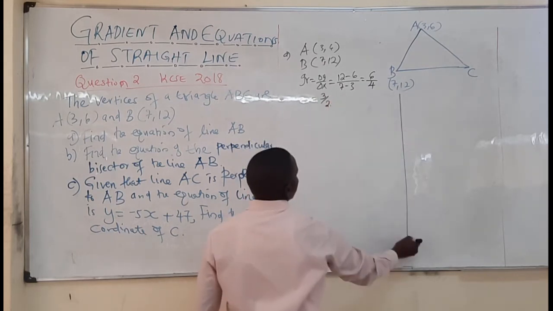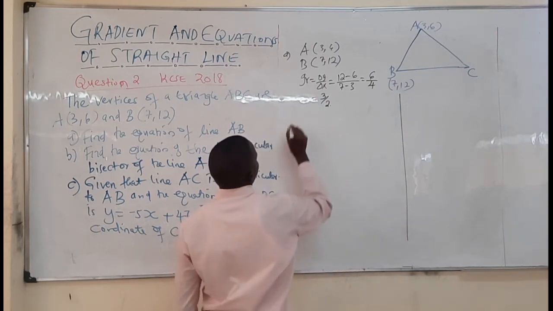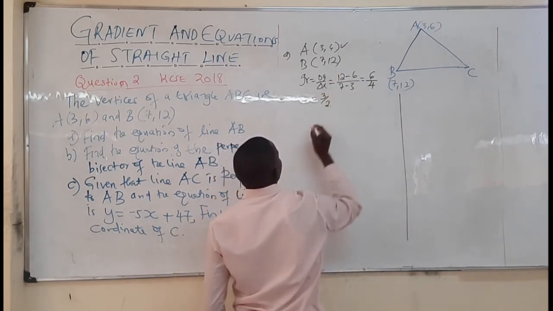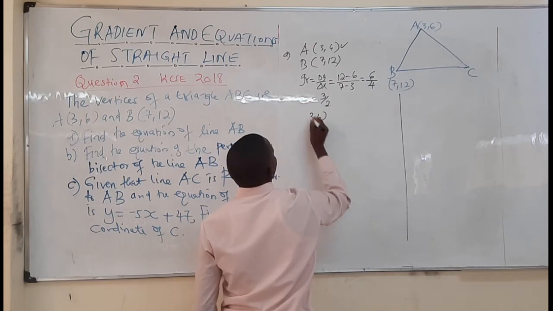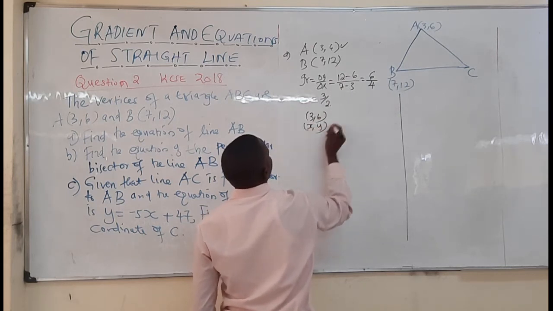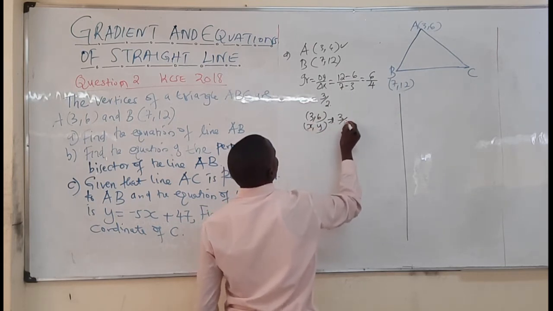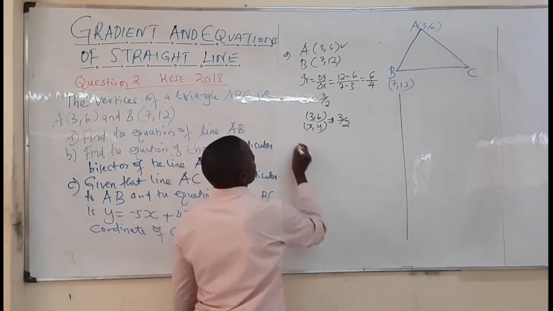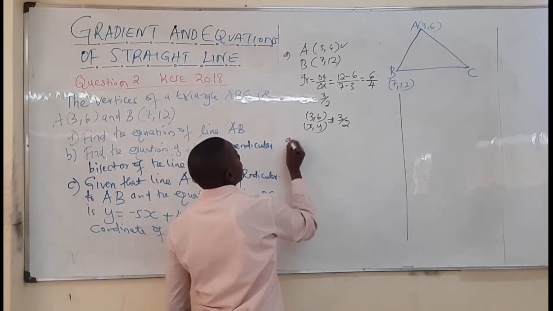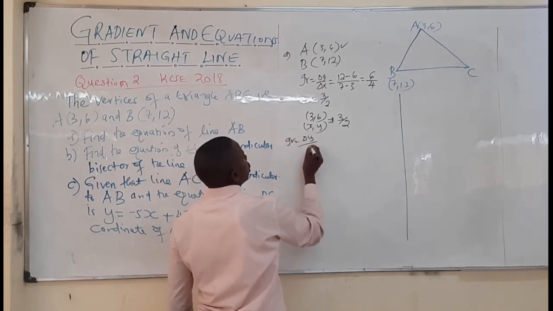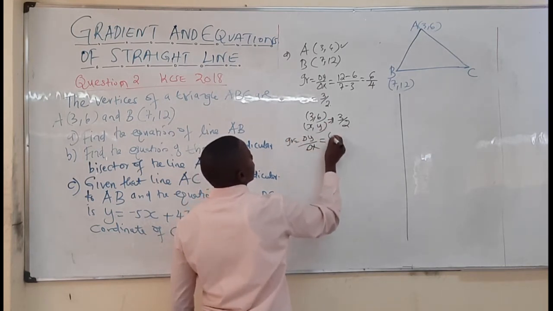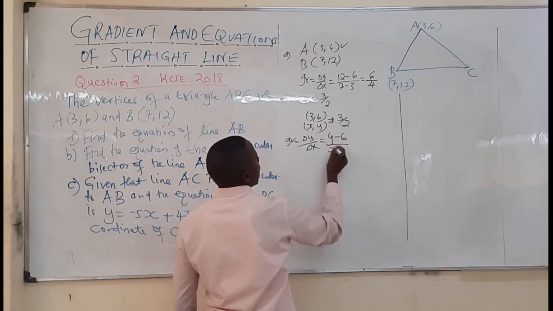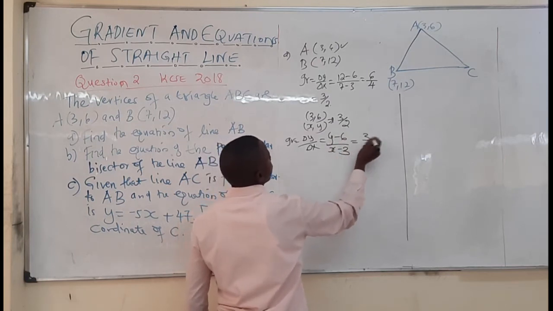That's our gradient. Then we take a point like A, which is (3, 6), and the arbitrary point (x, y). We got our gradient as 3 over 2. We get the equation. The gradient is change in y over change in x. Then y minus 6 divided by x minus 3 is equal to 3 over 2.